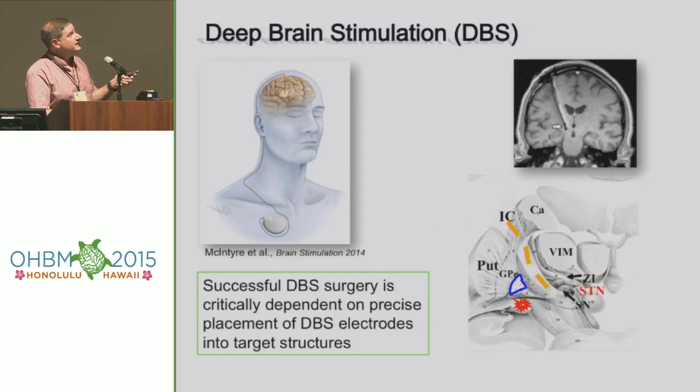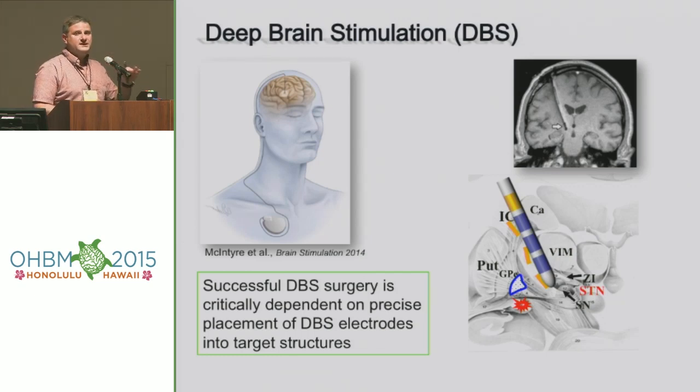The whole idea today is to stimulate the brain electrically by inserting an electrode into a very specific target in the brain. The electrode is hooked underneath the skin with a wire to a pulse generator that looks like a pacemaker. For movement disorders, the majority of targets is the STN, the subthalamic nucleus, and you have to get an electrode in and stimulate that specific region.